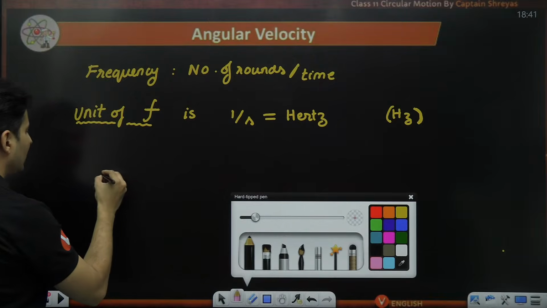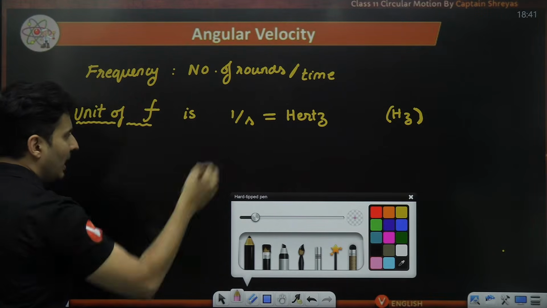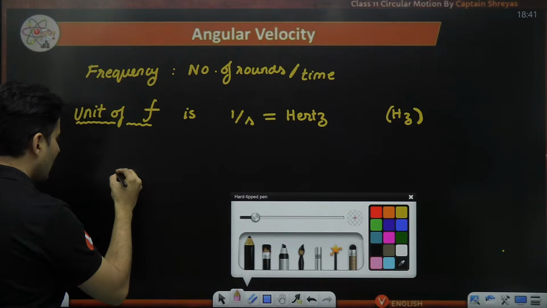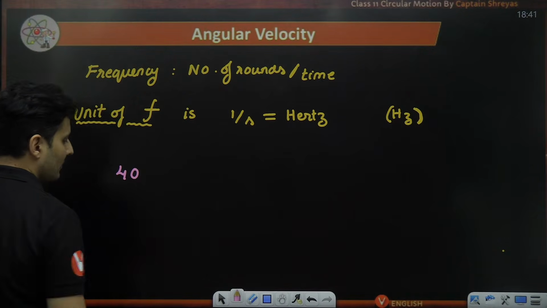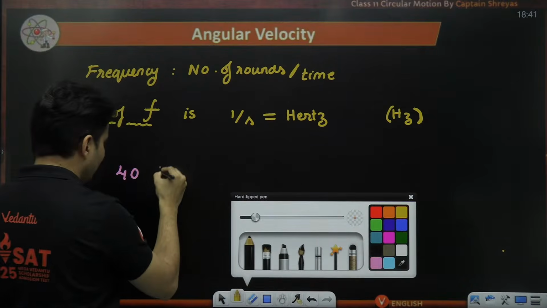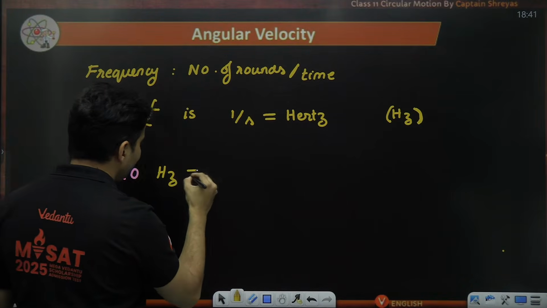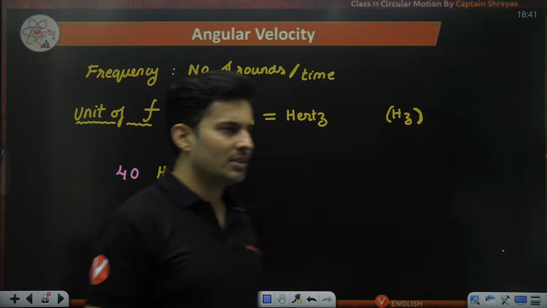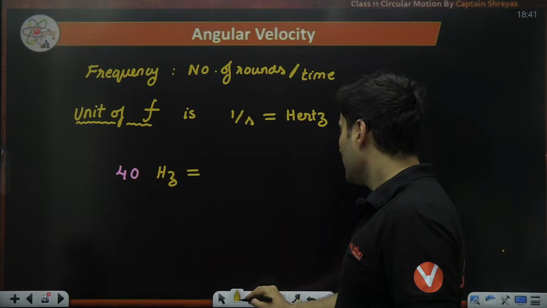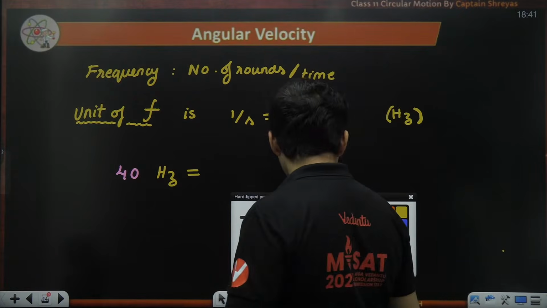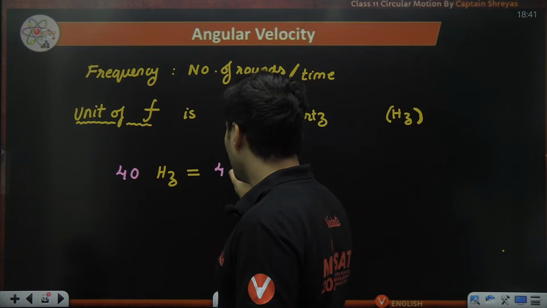Say, for example, I have been told that my particle is revolving at maybe 40 hertz. So 40 hertz means it is revolving 40 times in 1 second. So how many rounds would it have covered in 1 second? 40 rounds.